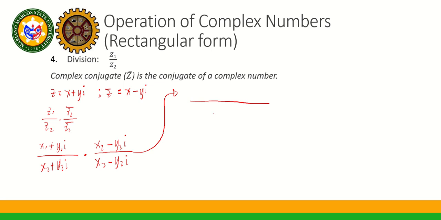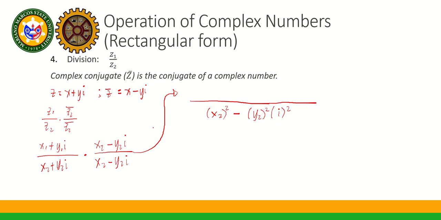Ibig sabihin, this will be equal to x sub 2 squared minus y sub 2 squared times i squared. Okay? So, this is the new denominator, the difference of two squares.